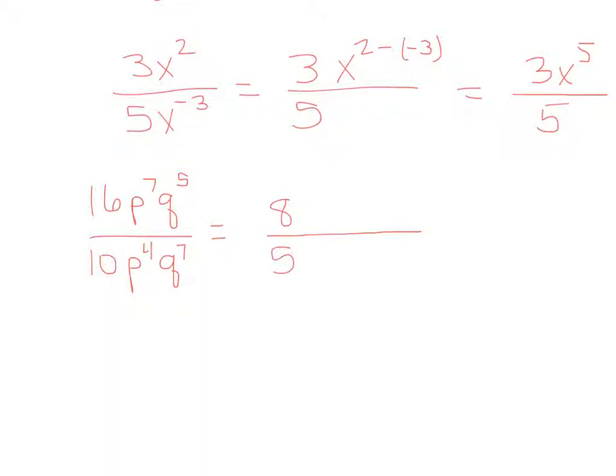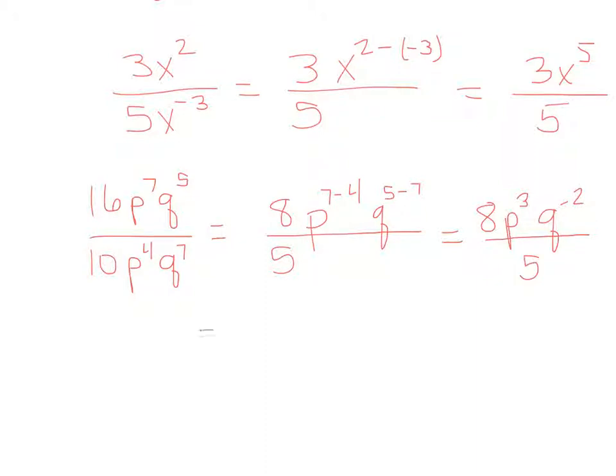Now if we look at the p, we've got p to the 7 minus 4, and q is going to be q to the 5 minus 7. So we get 8p to the 3rd and q to the negative 2, and then that's over 5.